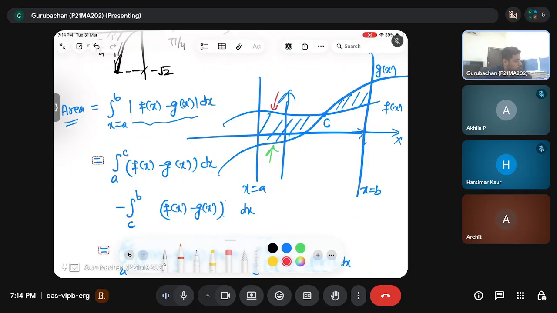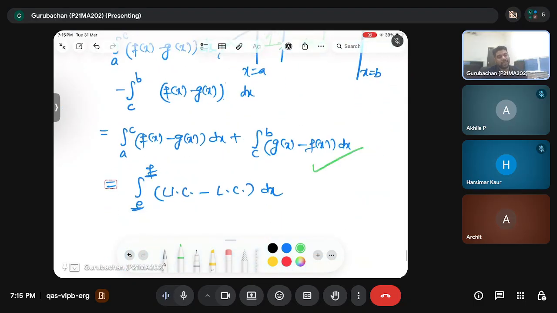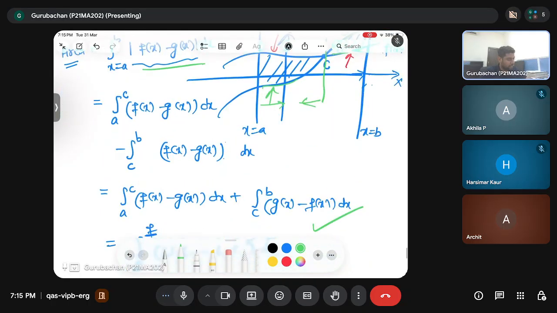But when you move to the next one, this one becomes the lower curve and this one becomes the upper curve. But the upper curve minus lower curve approach is the same. So A to C, upper curve minus lower curve. Similarly, C to B, upper curve minus lower curve. This will give you the same value as we found with the mod.